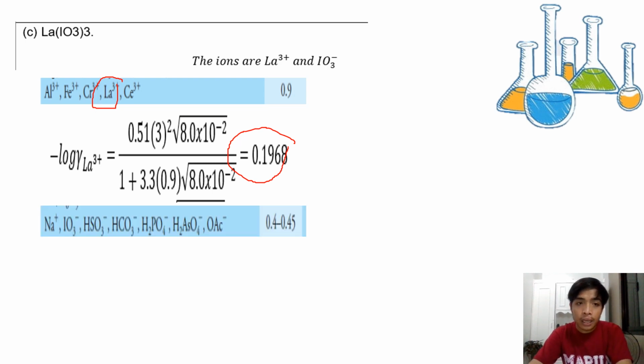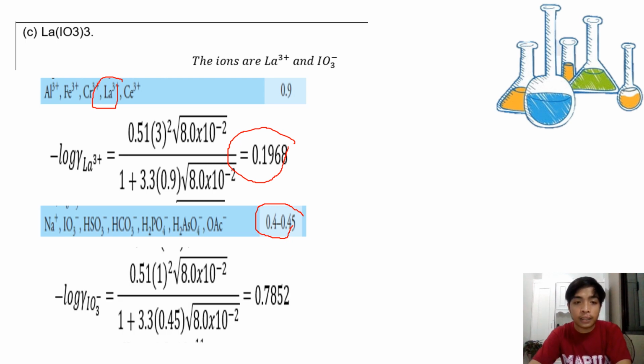And for the iodate anion, the effective diameter is 0.45 and its charge is basically -1. Substituting it to the equation, we'll obtain 0.7952 as the activity coefficient of the iodate ion.